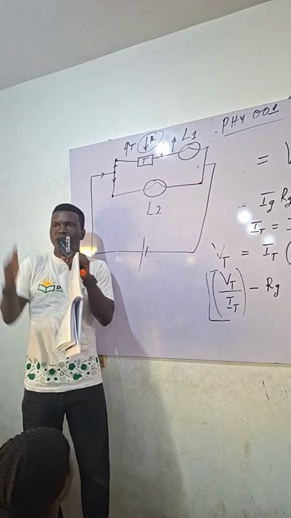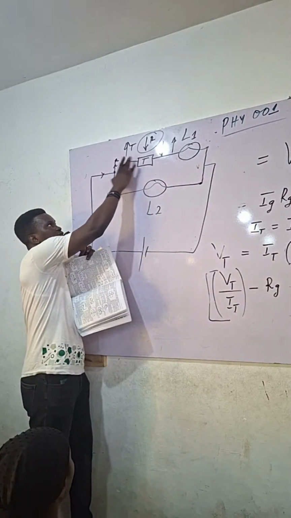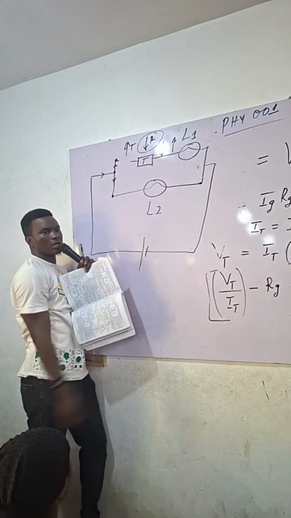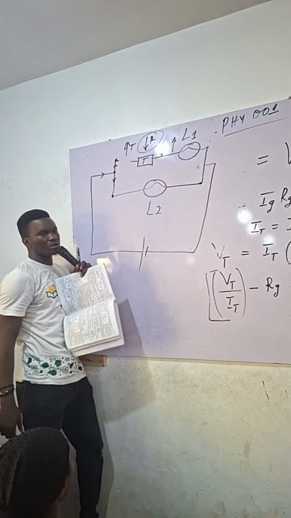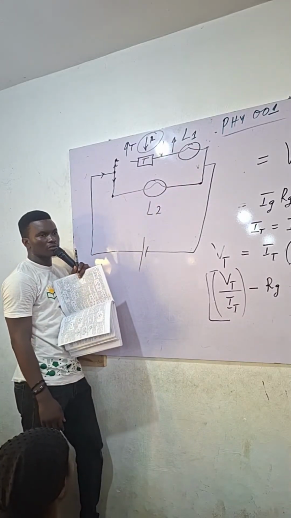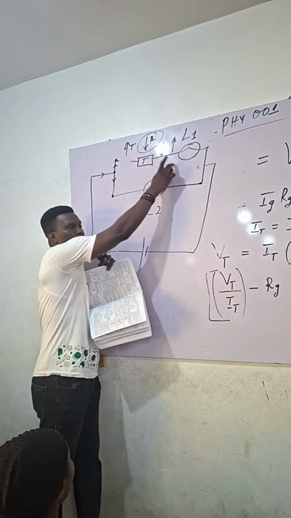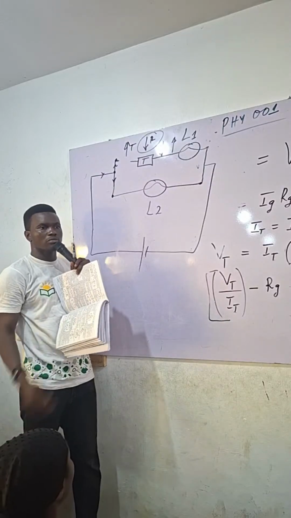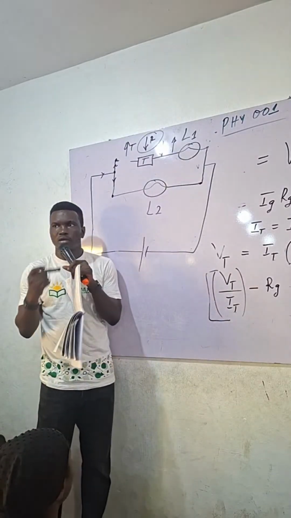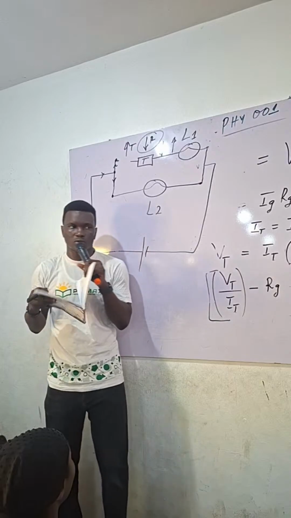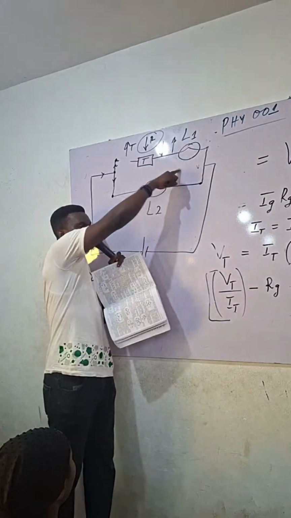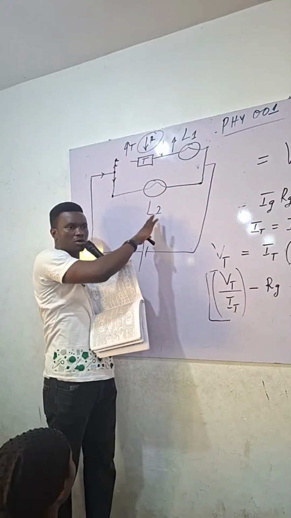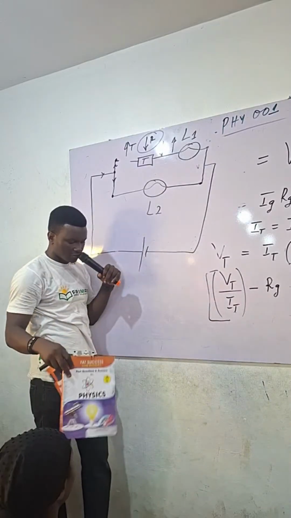But if they are connected in parallel, if I disconnect this now, this will go off, but this will still remain on. That means whatever is happening to this has no effect on this. That's what we are saying whenever they are connected in parallel. I'll tell you about home appliances soon. So this one goes brighter, this one remains constant. That's the answer.